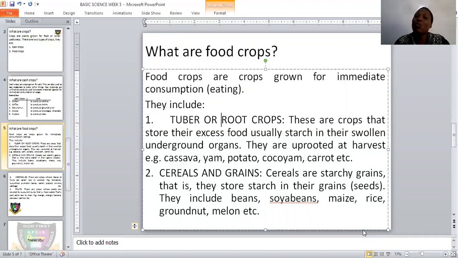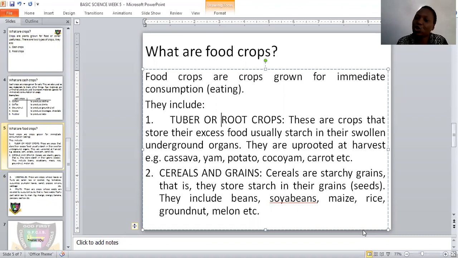Remember I said we have sexual and asexual reproduction in plants. Some take the vegetative form by planting the stem, the branch, or the root. Now, root or tuber crops store their starch, that's their food, and the class of food that we get from them is carbohydrates.